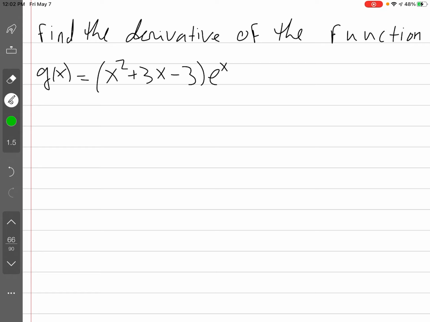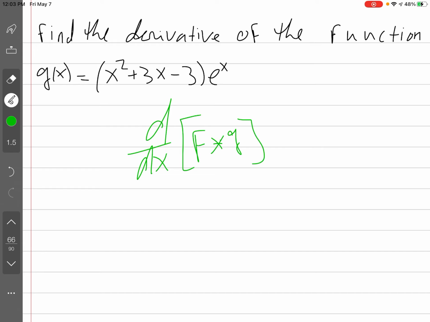Or I can find it later and put it at the bottom. So let me write the formula. We have d divided by dx of f times g.